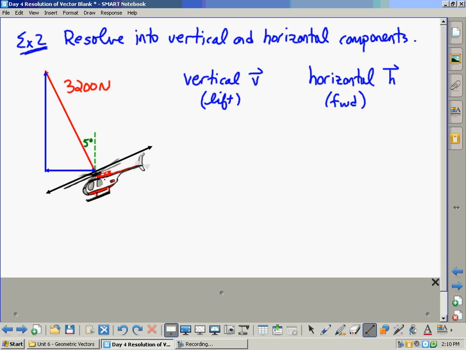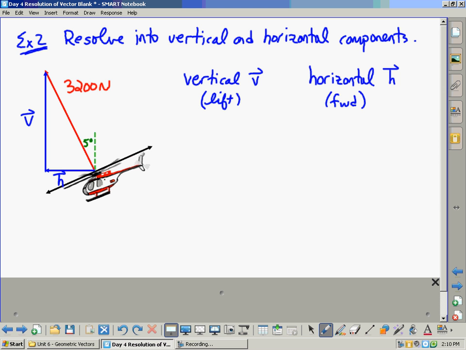I could have drawn the vertical vector here and then added the horizontal. It wouldn't matter. You get the same picture and the same answer. But I'll stick with these two. I'll label them as my vertical lift vector and my H horizontal or forward vector.